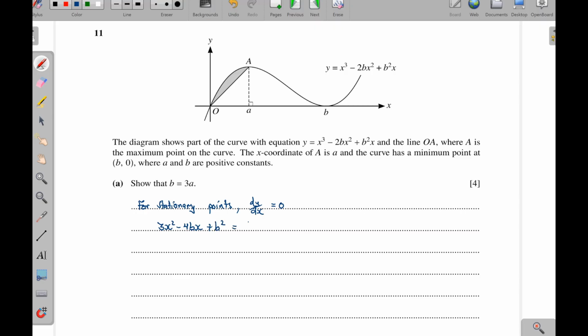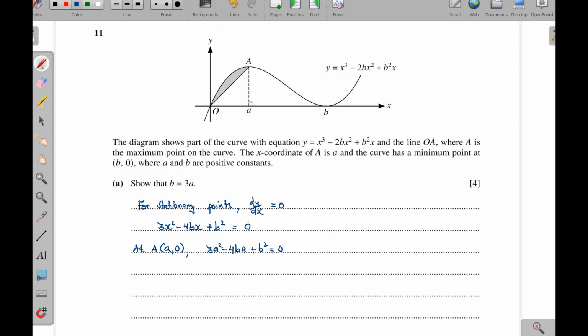This one should be equal to 0. Now, A is the stationary point here, because it is the maximum. At A, which is a, 0, we can substitute in here, where there is x, we put the a. So we shall have 3a squared minus 4b times a, plus b squared is equal to 0.